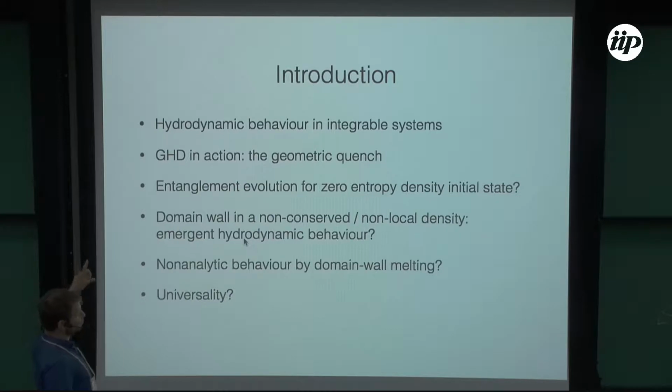So this will be the first part of the talk, and in the second part I will consider a completely different setting. It will still be a domain wall, but the main question is, up to this point we have heard several talks about GHD, how to set up the problem, and we have seen how you can calculate, for example, the densities of the conserved charges, or how you can calculate the currents of these charges.